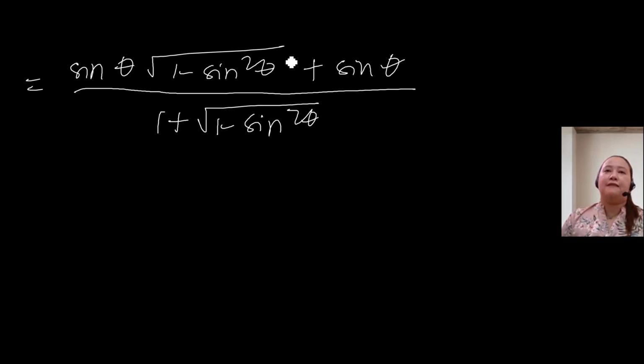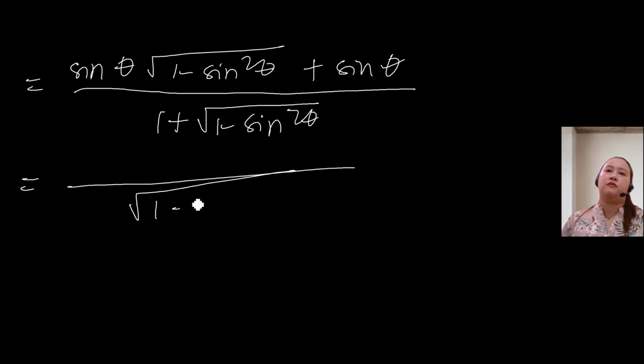Okay, so you have again to simplify this. You would notice that we have denominator 1 plus square root of 1 minus sine squared theta. Numerator, so you can also simplify the numerator in a way that possibly you can factor this. In factoring the numerator, you would notice you have sine on the first term and sine also on the second.